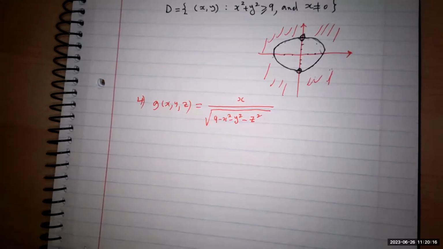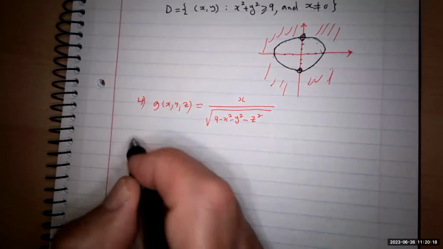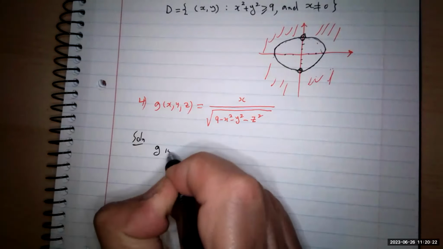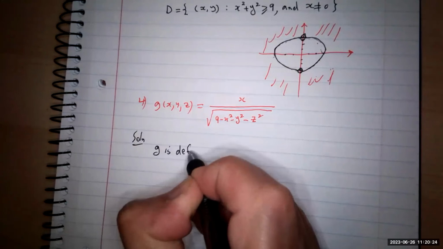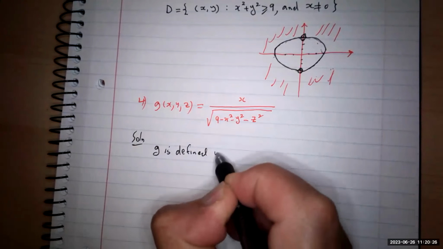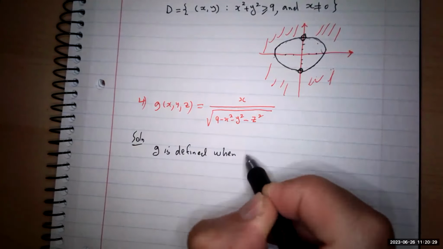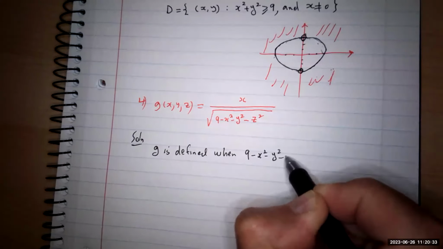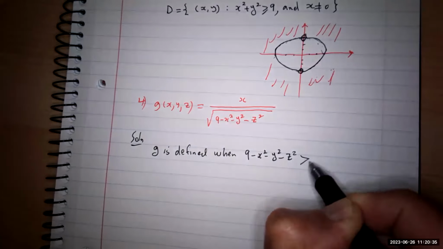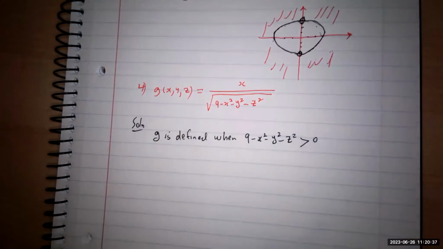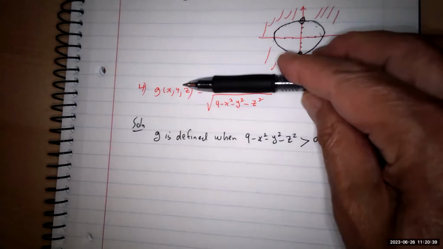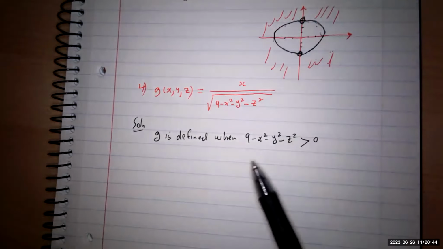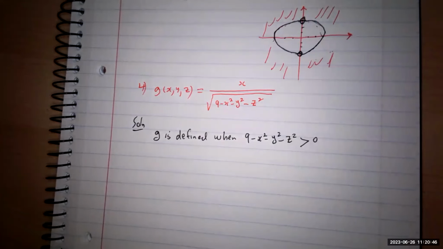So it's easy to describe: G is defined when this denominator, 9 minus x squared minus y squared minus z squared, is strictly greater than 0. The radical by itself can be greater than or equal to 0, but since it's in the denominator, you exclude the 0 as well.